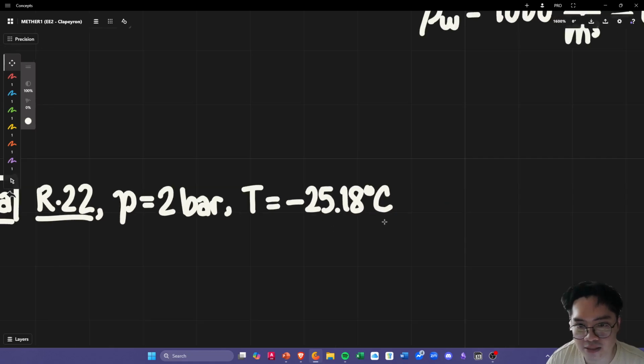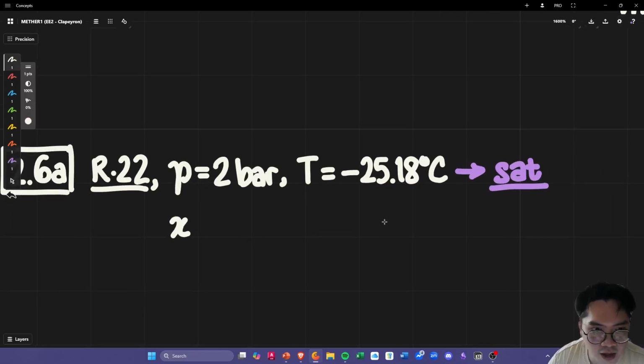Now, this tells us that this is in a saturated state. And moreover, they did specify that our quality is supposed to be 0.85.